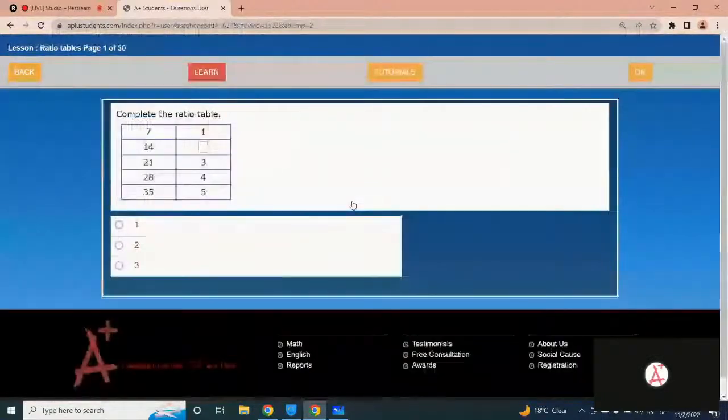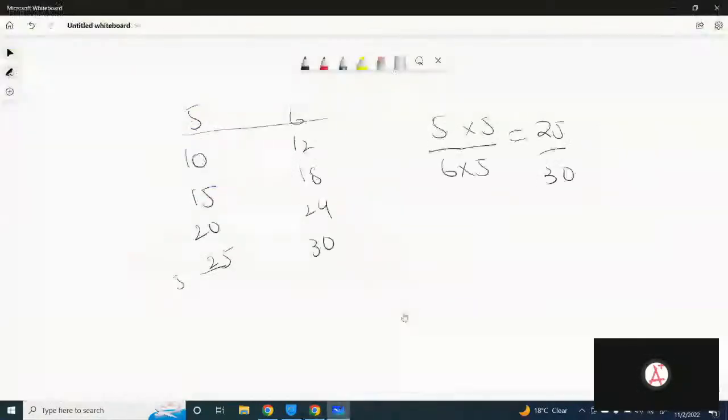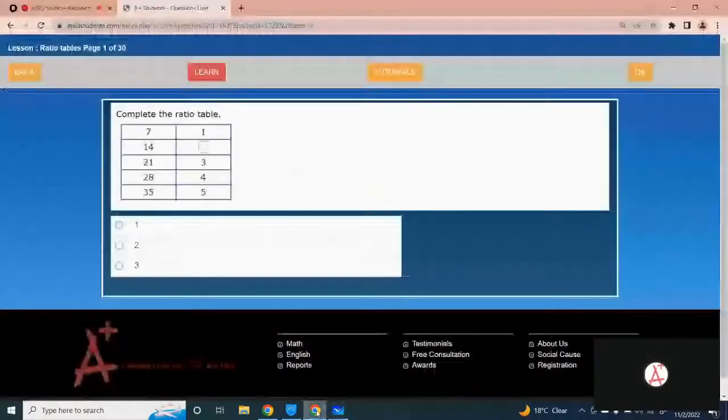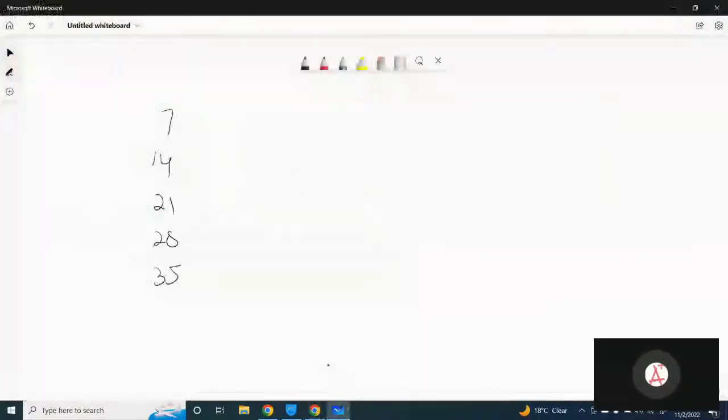Okay, the first one is 7, 14, 21, 28, and 35, with the missing number in the table. Okay, let's start with the first one.